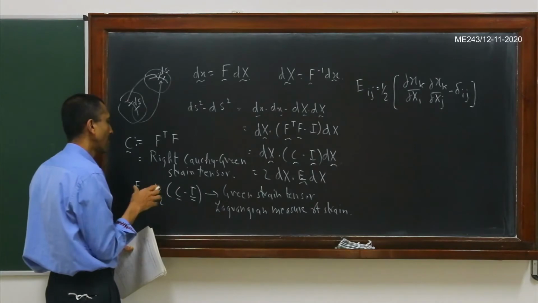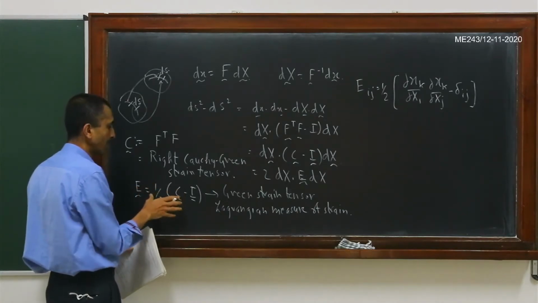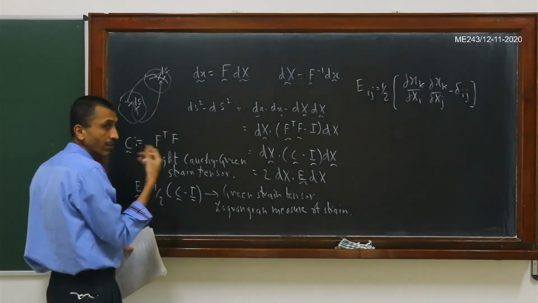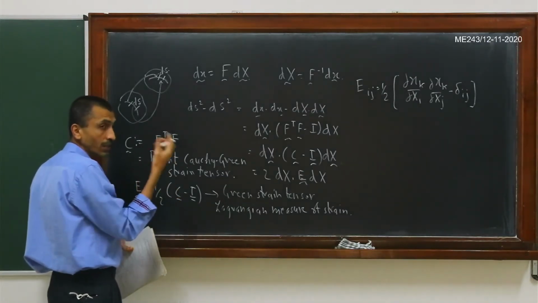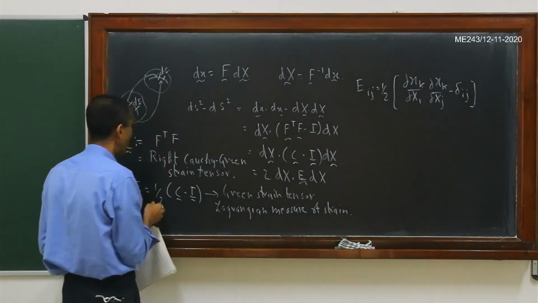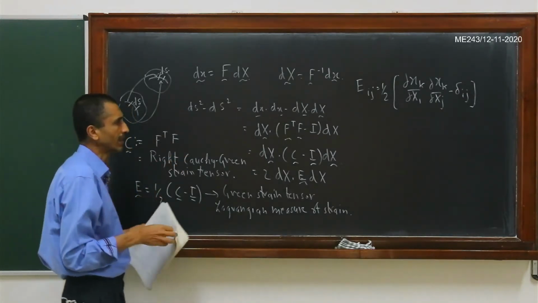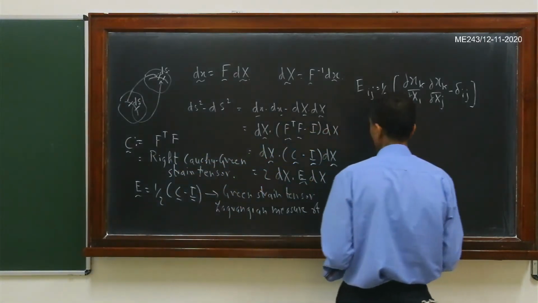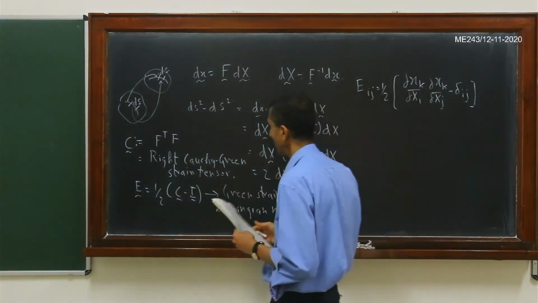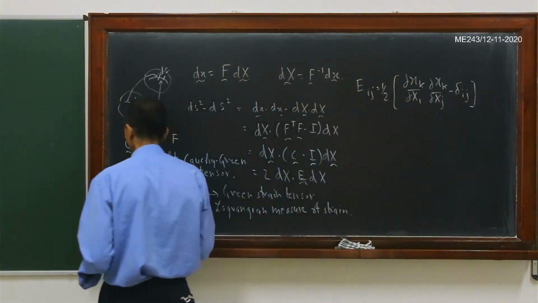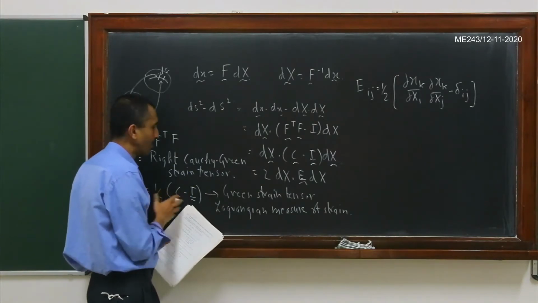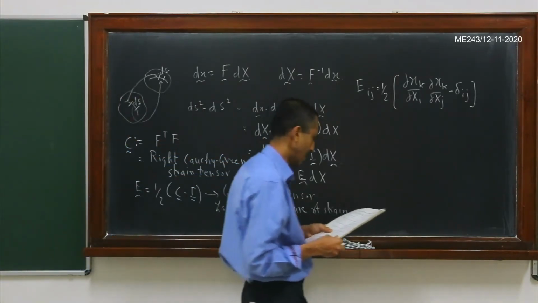So in order that the linear approximation of this Lagrangian strain tensor agree with the linear strain tensor, which was defined earlier, we put this half factor in there.